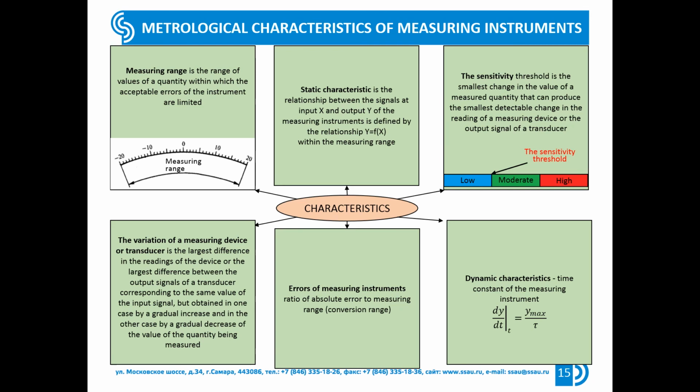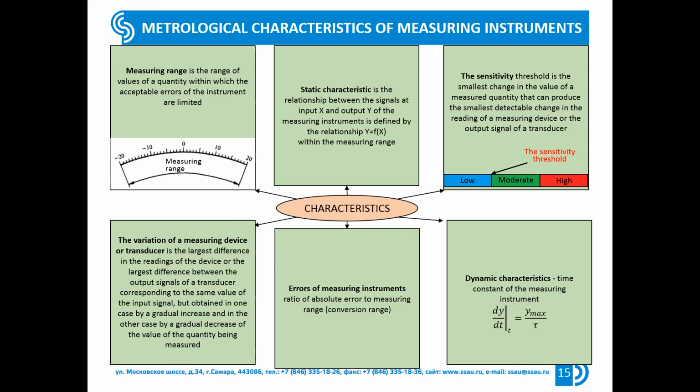The accuracy class of a measuring instrument is a generalized characteristic of that type of instrument, generally reflecting its accuracy level, expressed in terms of the limits of the permissible basic and additional errors, and other characteristics influencing the accuracy. The accuracy class gives an indication of the accuracy limits of a single type of measuring instrument, but is not a direct indication of the accuracy of each individual instrument.